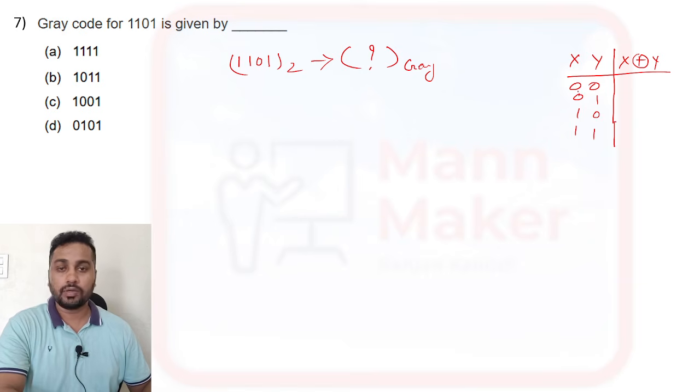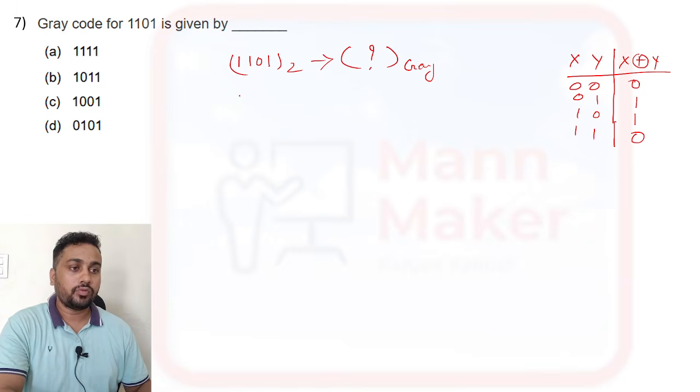In XOR operation, when both are 0, the output is 0. When any one is high, the output is high, and when both are 1, the output is 0. So whenever an odd number of inputs is high, the XOR output will be 1.